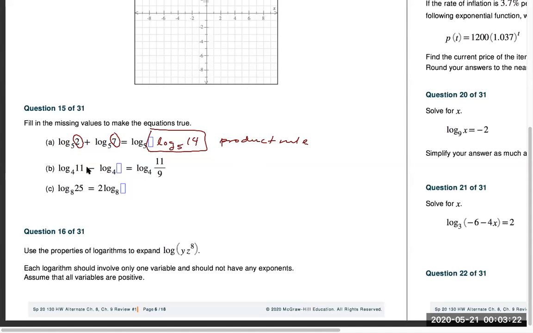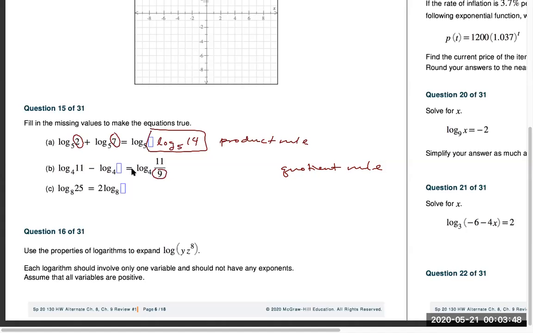Part B, you can see a subtraction here. So we're going to be using the quotient rule of logs. And essentially the quotient part and the product part is coming from the right-hand side, but it's still one equation, so we still call it our quotient rule. All right, so you have log base 4 of 11 minus log base 4 of something equaling log base 4 of 11 over 9.